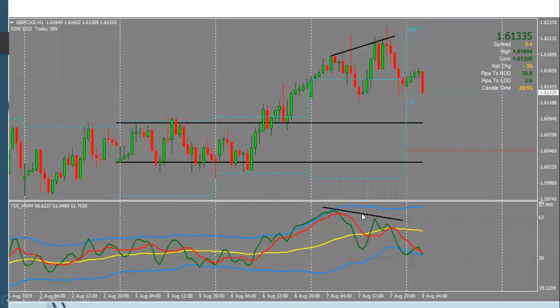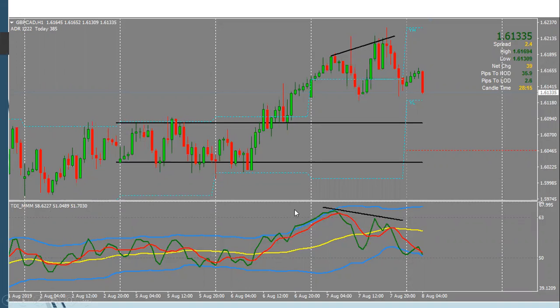This is the TDI indicator, which is the Traders Dynamic Index, and this green line is an RSI line, a relative strength index line. The reason why I like the TDI indicator, the TDI momentum oscillator, is because it's a conjunction of different oscillators.